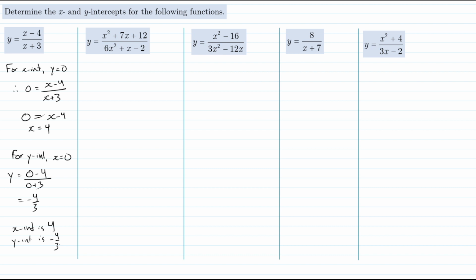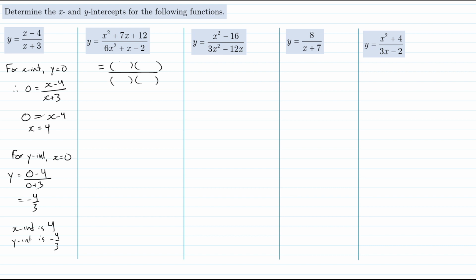Now, a really good thing to get in the habit of doing here is to factor right away. All of the functions I have here are in expanded form. They're not factored. Sometimes you might get them in factored form, which is a bit of a plus, but we're going to factor this right now. It makes it really easy to see the values that make things work out to 0.